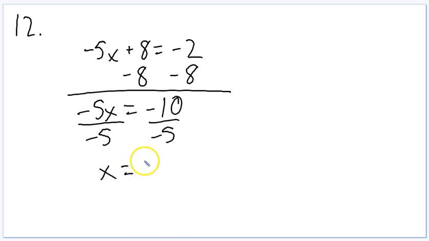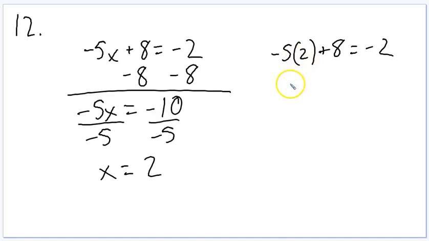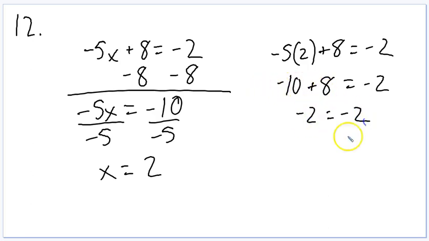X equals positive 2 because we have two negatives. Let's check this out. Negative 5 times 2 plus 8 equals negative 2. Negative 5 times 2 is negative 10, plus 8. Negative 10 and 8 combine to negative 2. Negative 2. Check mark.